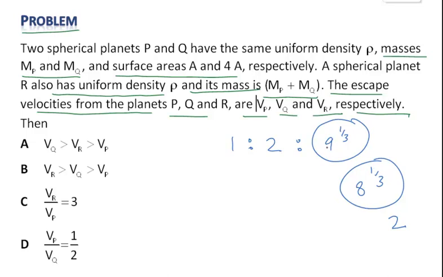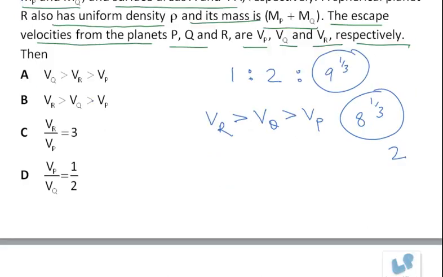So the value of this 9 to the power 1 by 3 is definitely more than 1. So VR is more than VQ is more than VP. Okay, so option B is correct. Another thing is the ratio of VP by VQ is 1 by 2. So both option B and D are correct.